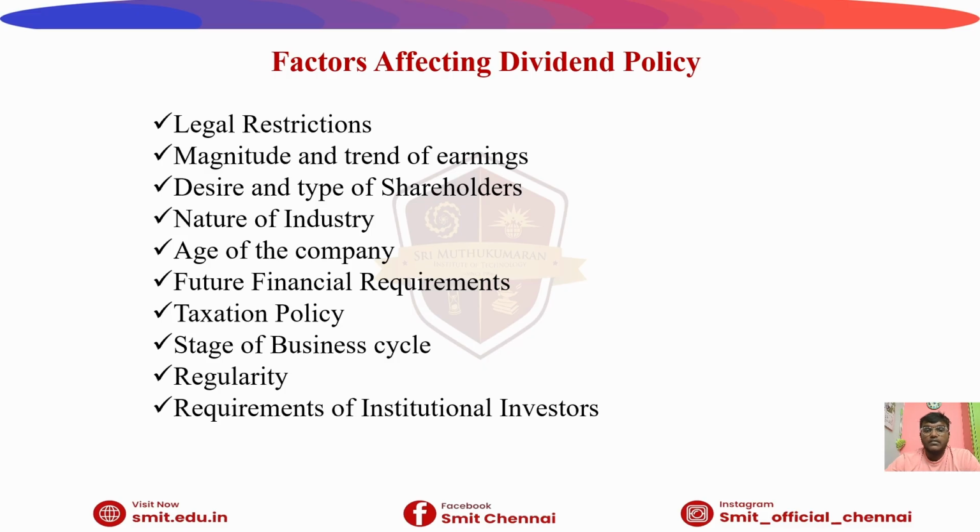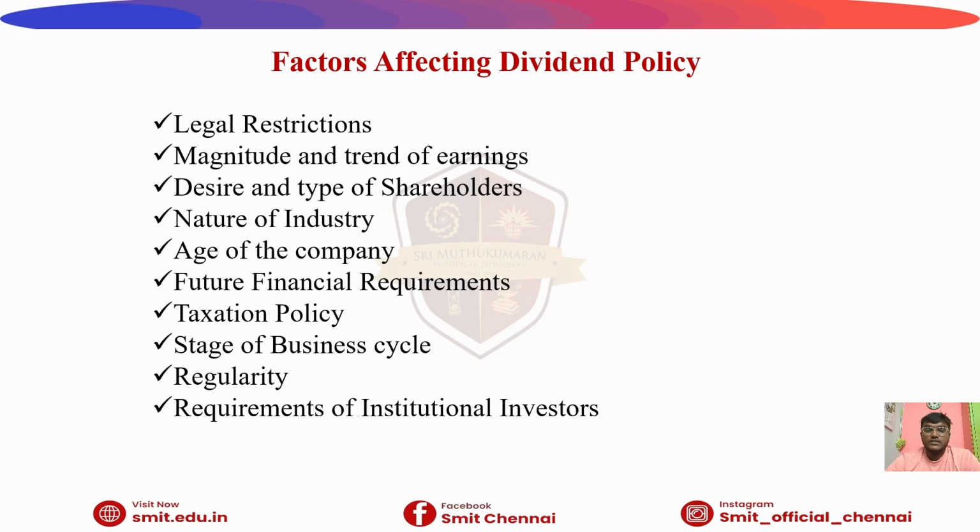Then, age of the company. Young growing companies retain earnings. Mature companies pay more dividend. Then, future financial requirements. If major investments are planned, retention is preferred. Then, taxation policy, dividend taxes versus capital gain taxes influence shareholders' preference.